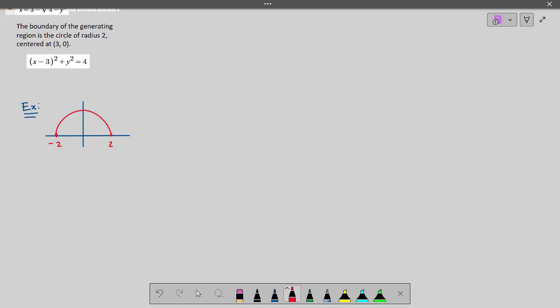This curve is y equals the square root of 4 minus x squared. That is the equation of the top half of the circle of radius 2 centered at the origin. Radius 2 centered at the origin, the full circle is x squared plus y squared equals 4. But if you isolate the y and you choose the positive square root, you get the upper semicircle.